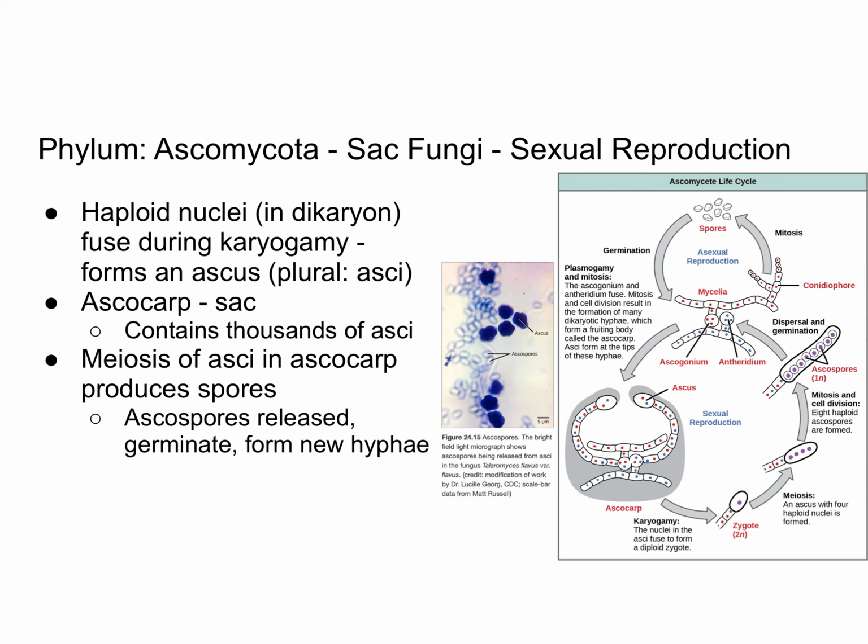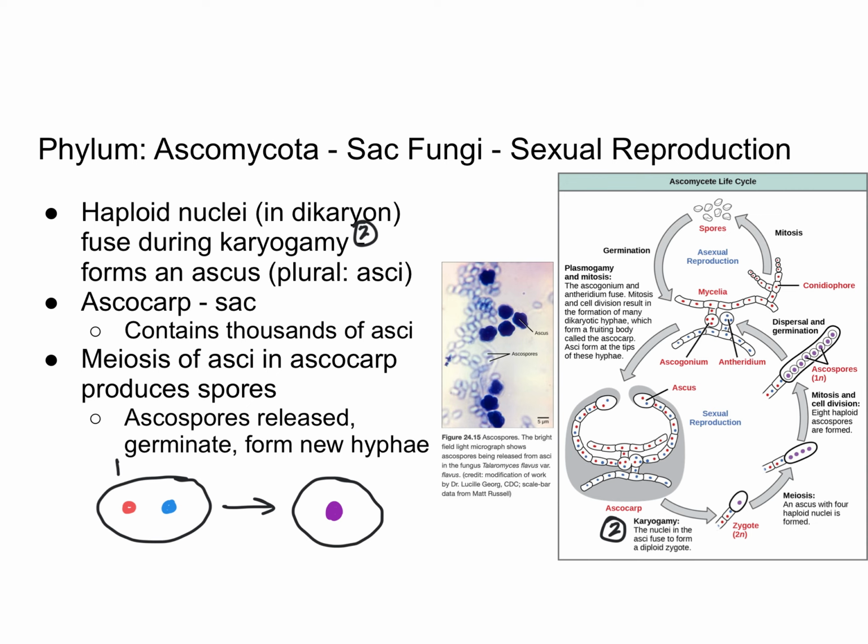The second step of sexual reproduction in fungi is known as karyogamy. During karyogamy, that dikaryon that contained the two haploid nuclei, the nuclei are now going to fuse to form a cell with one diploid nucleus.